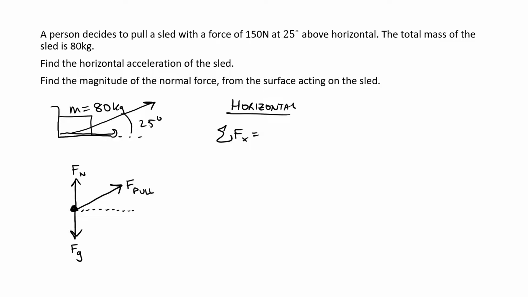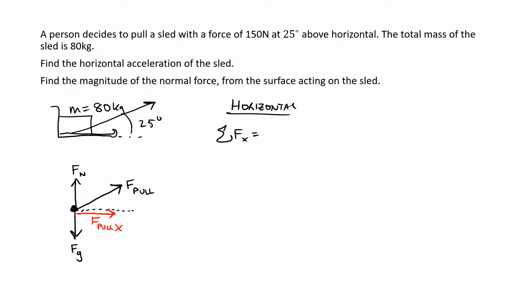We need to break that one vector up into its components. So we need to find the x component of that slanted vector right there. Pull x. So that's the horizontal component of that slanted vector.